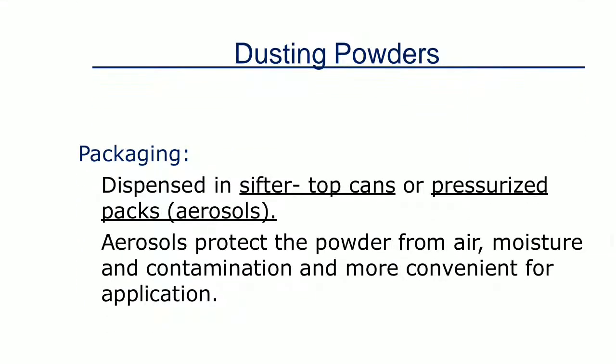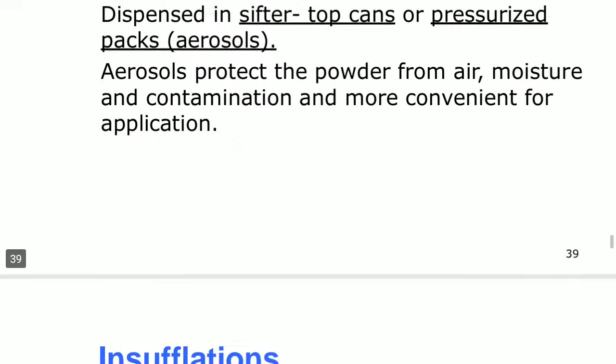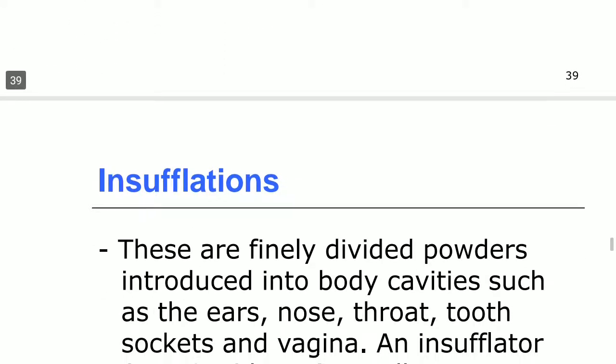Then the packaging of dusting powders: dispensed in sifter top cans or pressurized packs. Aerosols protect the powder from air, moisture and contamination and are more convenient for application. Then insufflations.